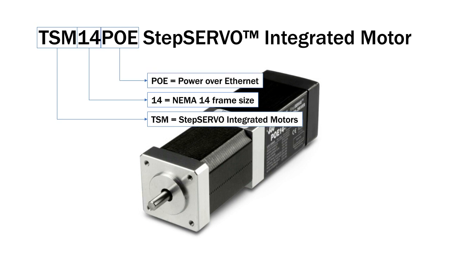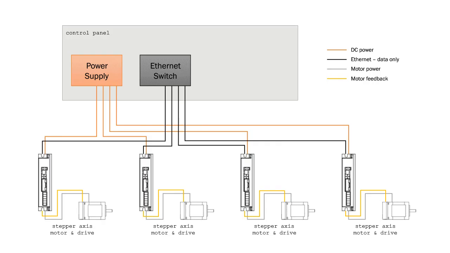So before I get into step servo benefits, I want to come back to that reduced wiring and give you an example. This slide has a theoretical 4-axis motion control system that could be mounted on a piece of equipment or a machine somewhere. And at the bottom of the screen, we've got 4 axes of stepper motion. We've got a step motor with an encoder and a stepper drive.